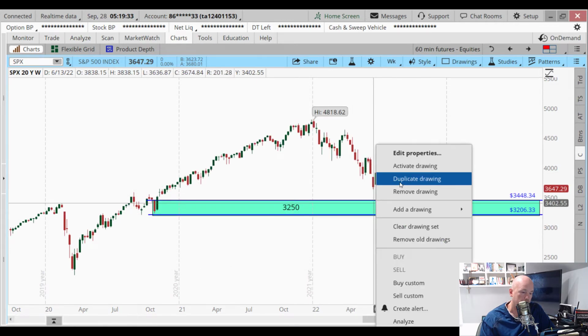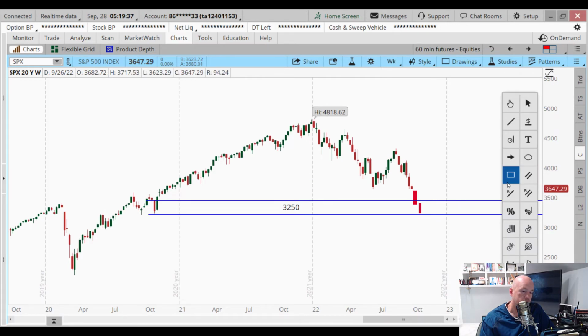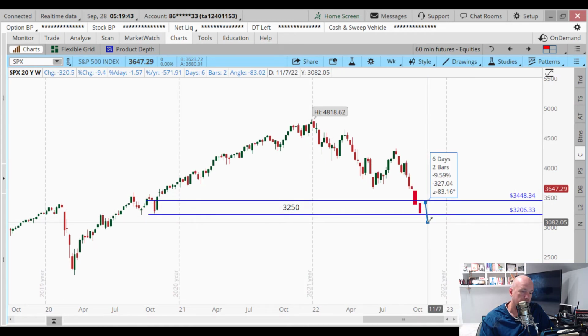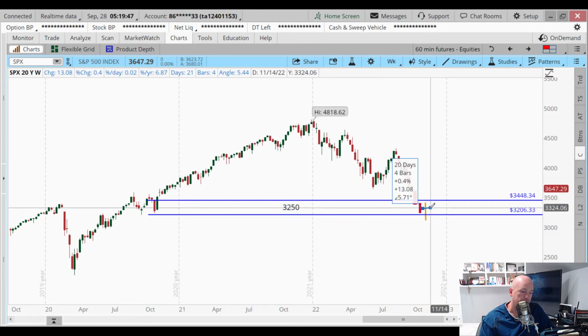What it will mean is that at that level, now I'll start to look for some sort of a reversal pattern. Maybe I get something like a dragonfly doji in this area.